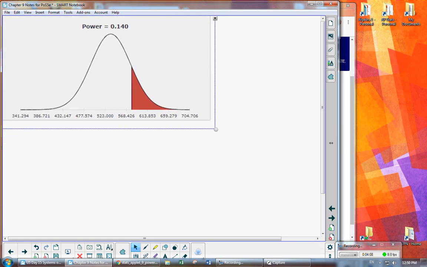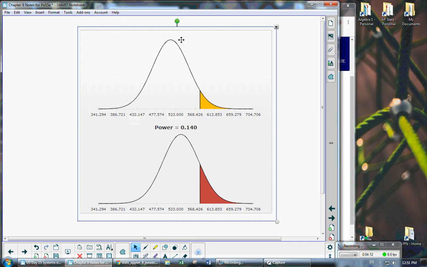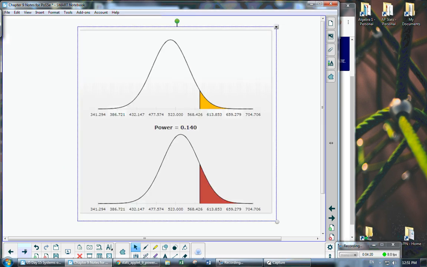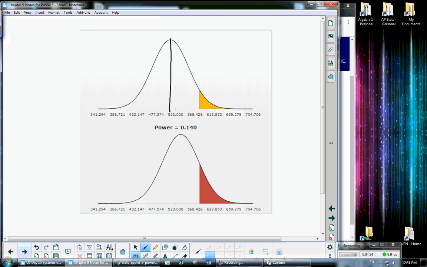These are two graphs, obviously. If we go back a page, notice we have a mean of 535 and a mean of 511. The top graph has my mean of 511.